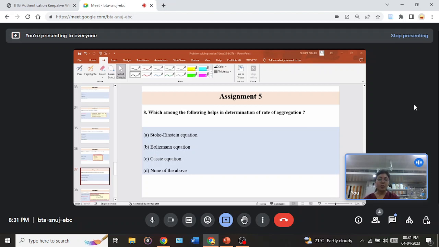So I have already ruled out one of your options, that is A, that is Stokes-Einstein equation is not the correct one. So I already discussed it right here. So you may think again, and if you can recall what is this Boltzmann equation and Casey equation, or even none of the above can be the answer. If none of the above, pertaining to all the three equations, does not help in determination of the rate of aggregation.